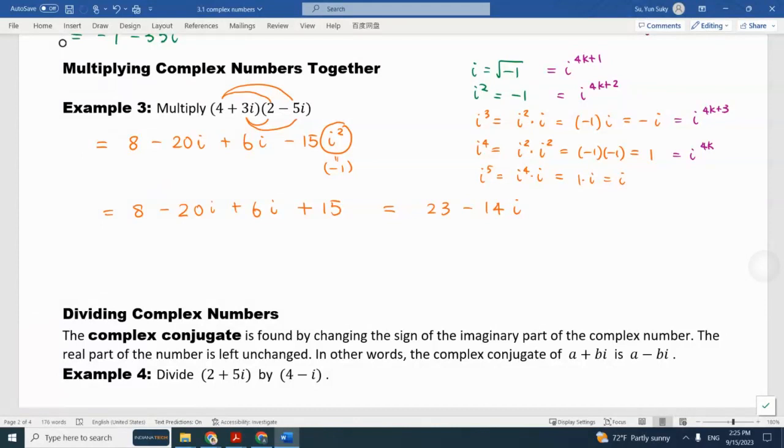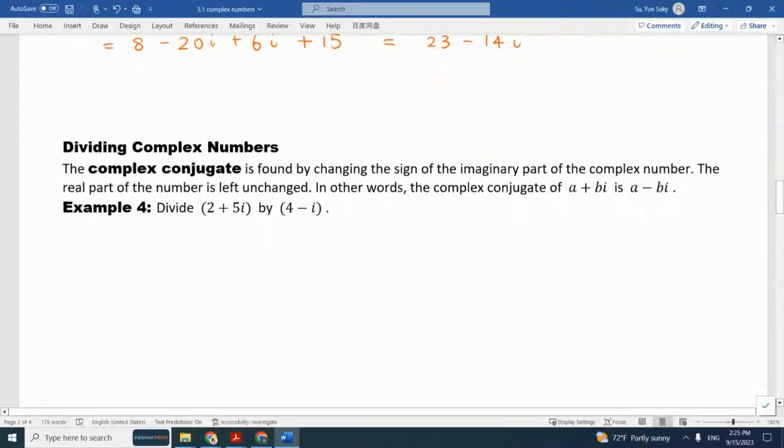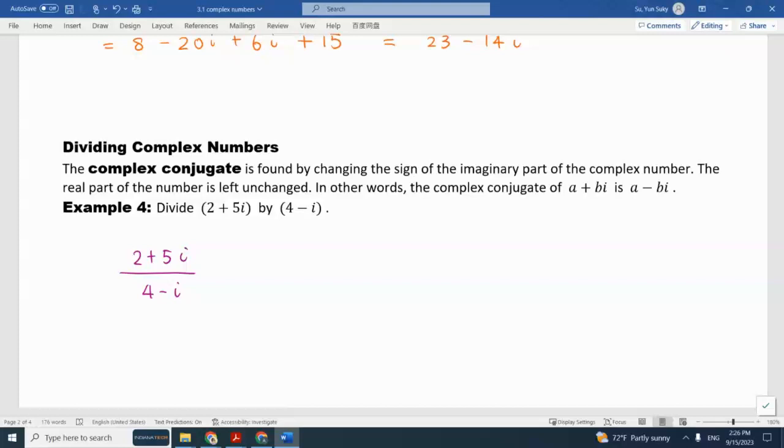Okay, and next, how do we divide complex numbers? Let's do this example. 2 plus 5i, and we divide it by 4 minus i. When you divide by a complex number, you multiply by the conjugate of the denominator.